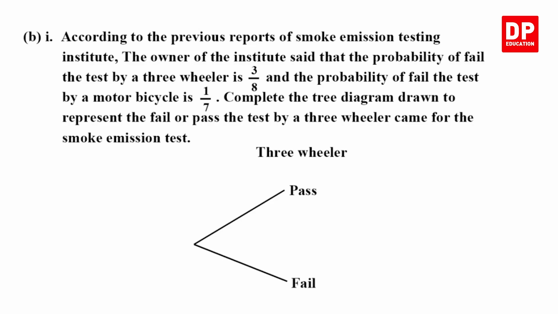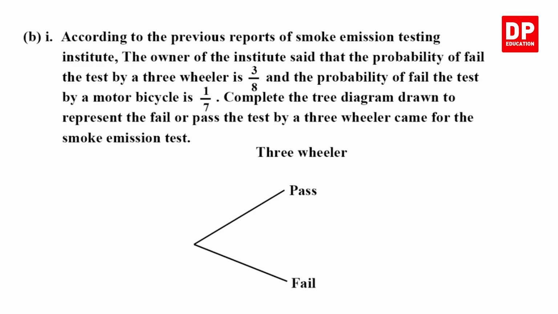Now we'll look at part B. According to the previous reports of Smoke Emission Testing Institute, the owner of the institute said that the probability of failing the test by a 3-wheeler is 3/8. And the probability of failing the test by a motorcycle is 1/7.